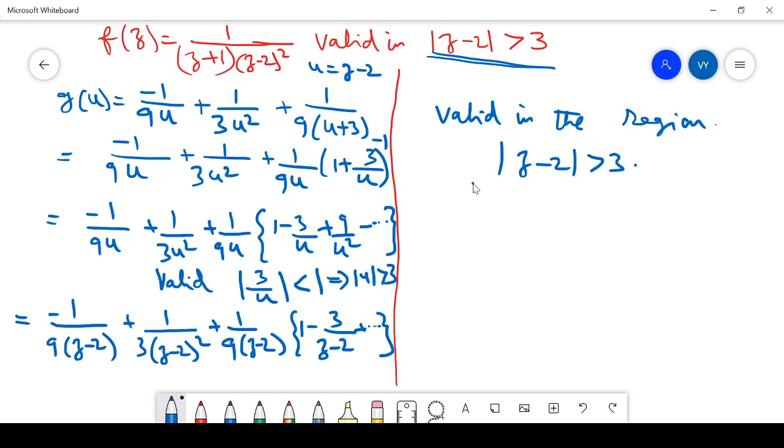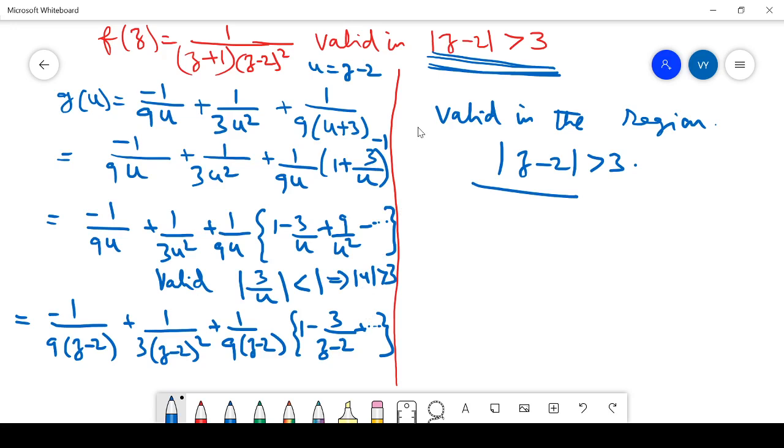So in this case you have to see the validity region, and operate it upon the function f of z. So this gives the Laurent expansion.